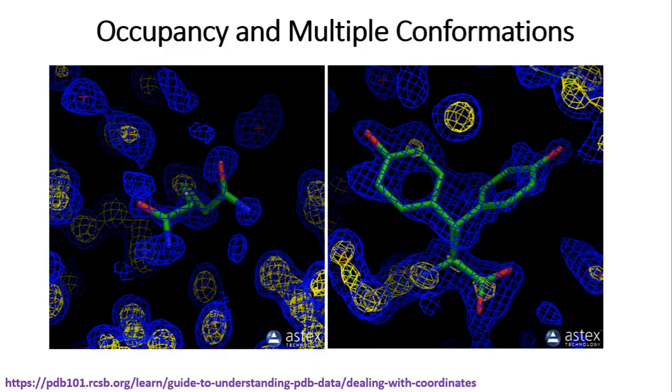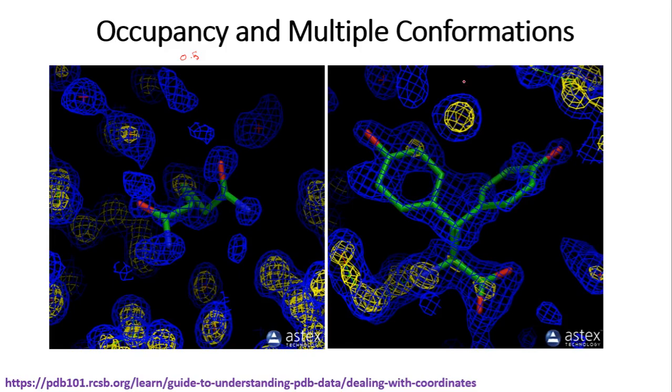Okay, over here you can see that in half of the crystal the side chain is oriented in this way, while in the other half of the crystal the side chain might be oriented in this way. In such a case, the occupancy for this particular atom in your PDB file would be 0.5. In the second example, as I have shown you, this tyrosine side chain in half of the molecules in your crystal is oriented in this way, while in the other half it is oriented in another way.